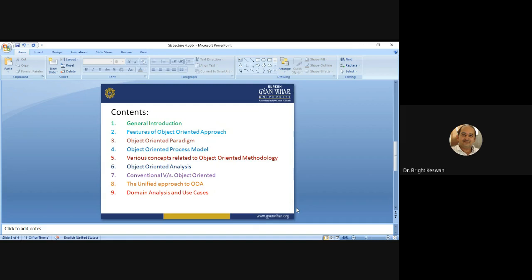The next thing is, what is the difference between the conventional approach and the object oriented approach? As you know, legacy systems are built in a procedural manner.